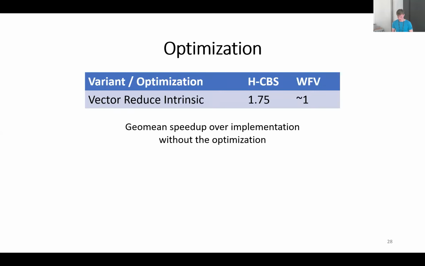This is not unexpected. Then for hierarchical CBS, there's a huge difference. We have a geomean speedup of around 1.75 compared to the manual sequential implementation I have shown on the last slide.